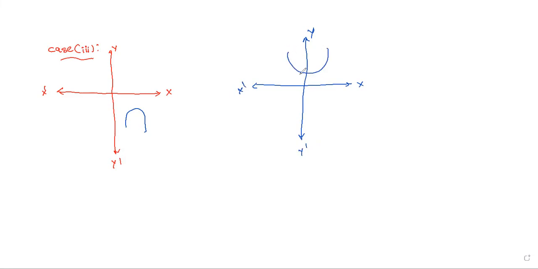If the graph is either completely above x-axis or completely below x-axis, it does not intersect the x-axis. So they have no zeros. So number of zeros equal to 0. Okay, na? There is no solution. There is no solution.